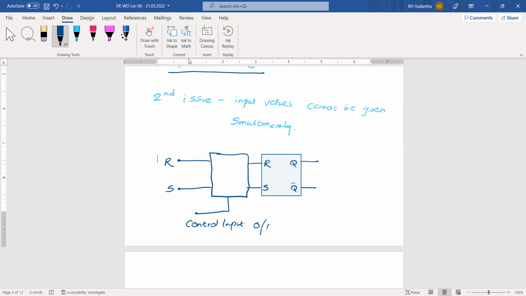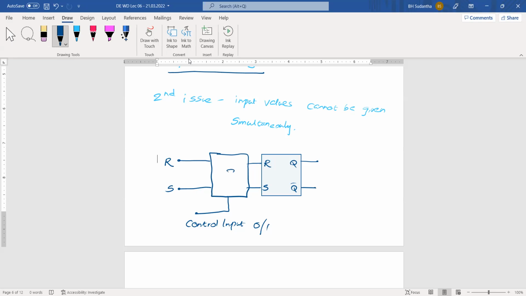After setting these values, we put this control input to 1. Then all of a sudden, when we put this value to 1 and both circuits receive it, both these R and S values will be transferred to the flip-flop R and S inputs immediately at the same time.